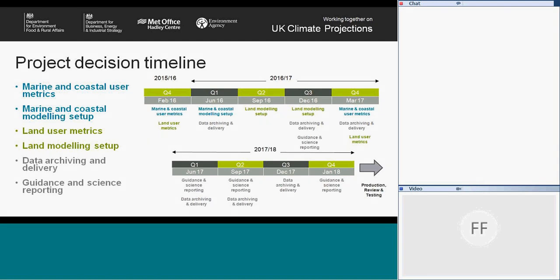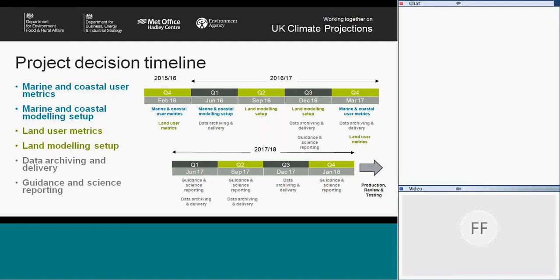And as we move on through the end of 2016 to 2017, it's more about the decisions around what type of guidance people would like, what the science report should be, and also testing the website and the way in which we deliver the data, the data portal and things like that. So I think that is probably one of the key things that we did. It was difficult to do, I must say, but it has reaped its benefits in terms of people knowing what needs to be decided.